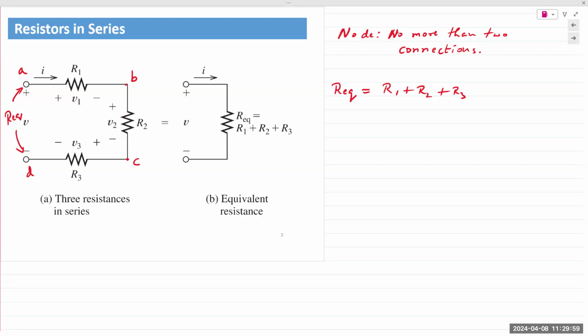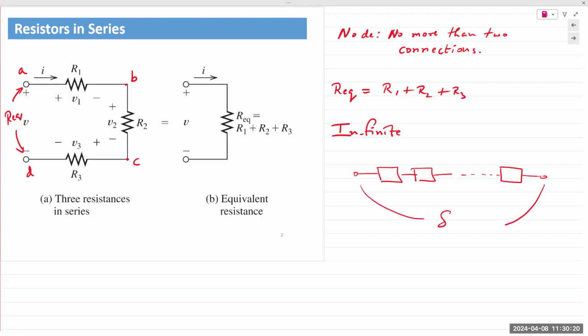So series connections can have infinite components. And between those outer terminals, I can state that all components are in series, as long as there is no break in the middle.